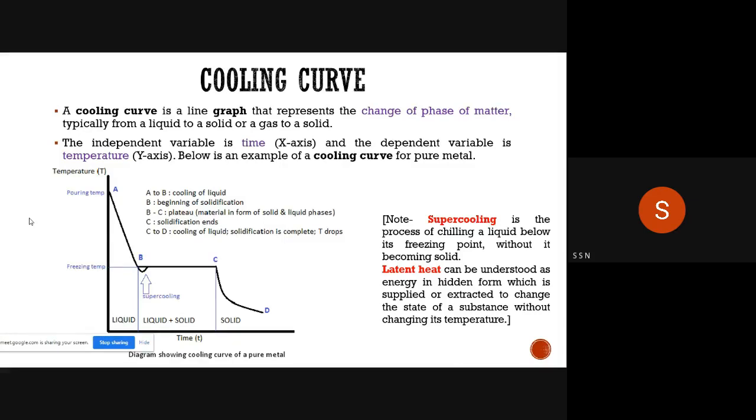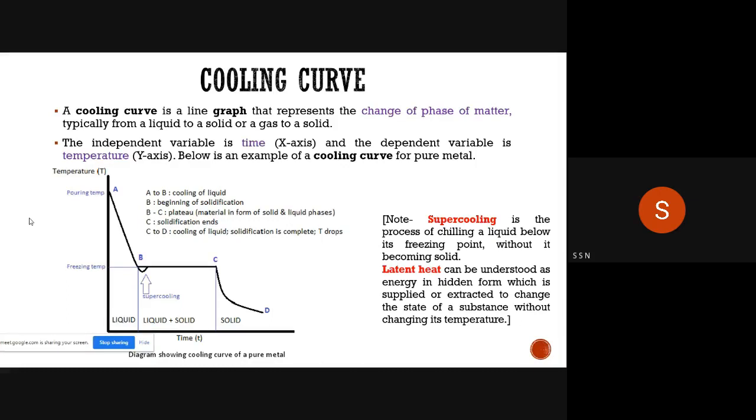Next important bit is the phase diagrams, and for drawing the phase diagram we need to understand the cooling curves. So here one example of that cooling curve of pure metal I have shown here. From pouring temperature to freezing temperature we have come by cooling. During that total A to B point, liquid phase is only there.